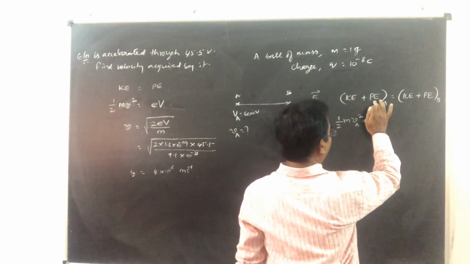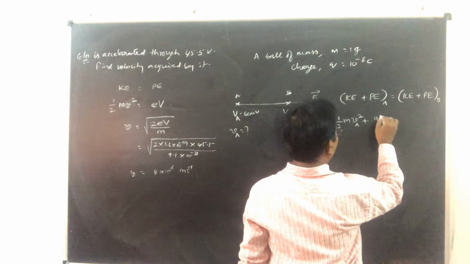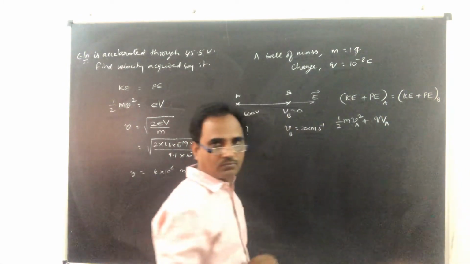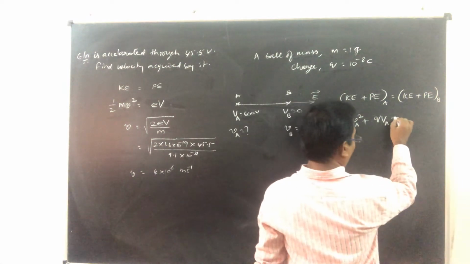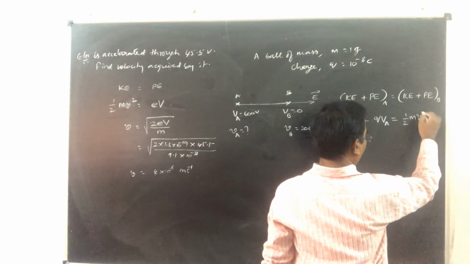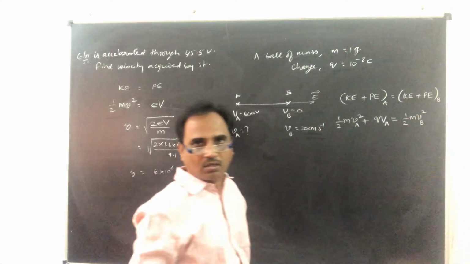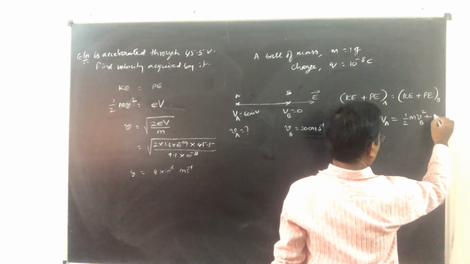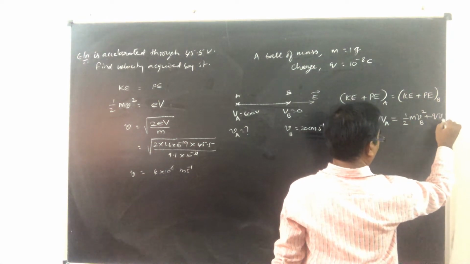What is this potential energy? This is charge into potential at A. Here this kinetic energy is half m VB square plus potential energy is Q into VB.